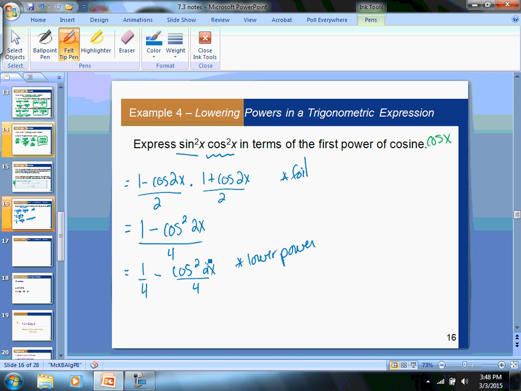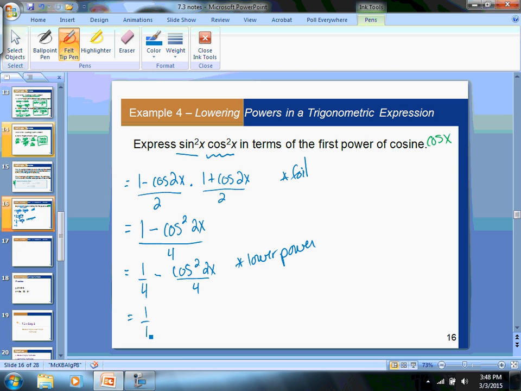Okay. Now that's just like what I did up here with the cosine squared x, except now I have cosine squared 2x. So instead of having a 2x here, I'll have a 4x. Since this angle is doubled here, it's going to double in my formula for my lowering.